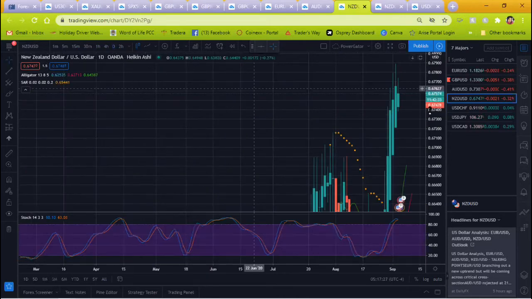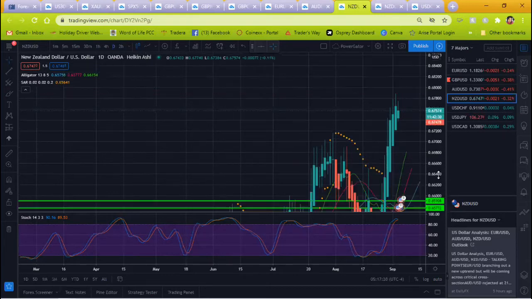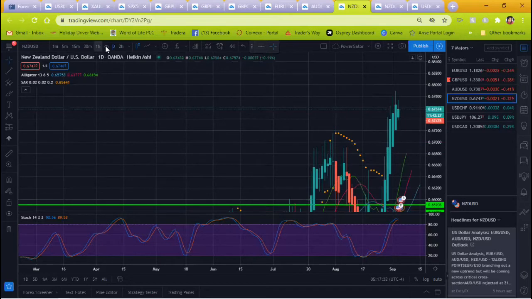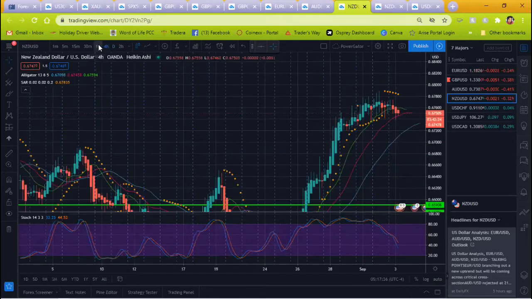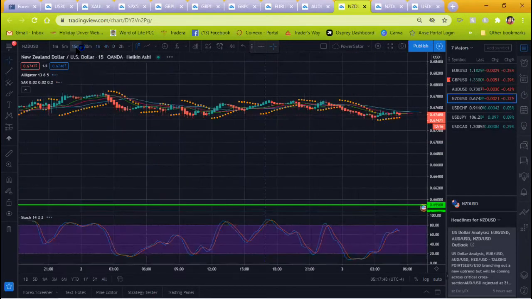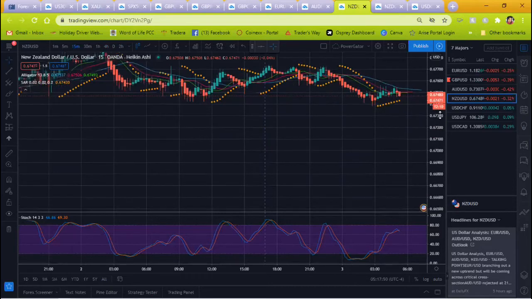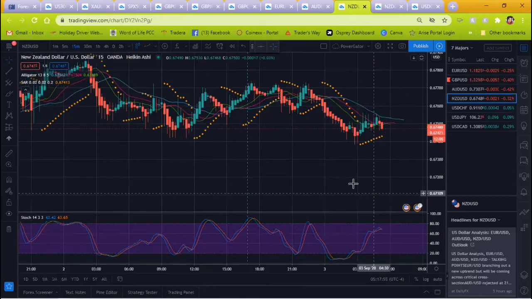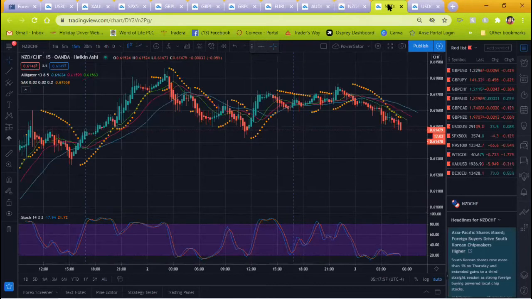And bring this down so that you guys can see that the daily is actually in a buy. So with these doing this, the 4 hour was in a buy, but it is making its turn. So you want to wait for it to complete its decision in what direction it is going to go. With those candles going sideways, that's definitely not something that you want to get into at this moment. All right, we'll take a look at NZD CHF.